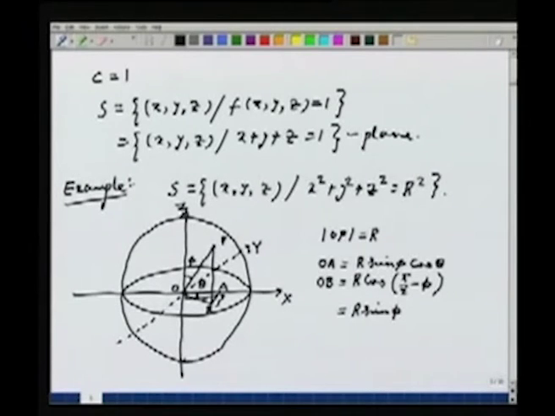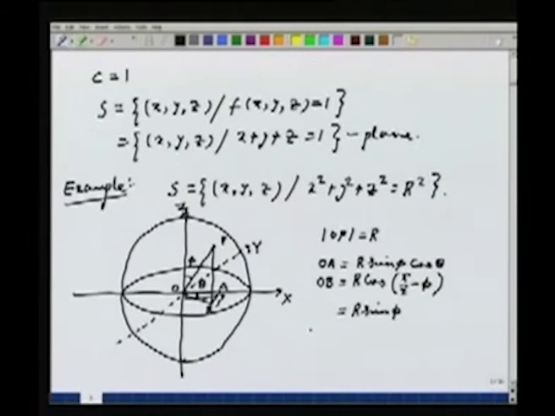Next, I want to find what is the y coordinate of the point. Okay. That means I want to find what is AB. AB will give me the y coordinate of the point P. Now let us look at the triangle. What I have here, this angle between OA and AB is pi by 2, and the opposite angle is given by theta.